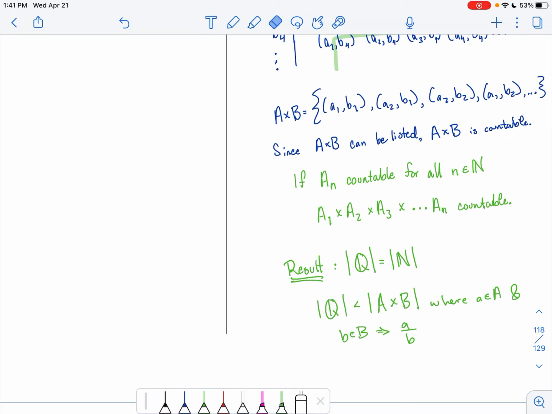And here, A and B, since it's rational numbers, can be thought of as the integers, which we've proven are countable.